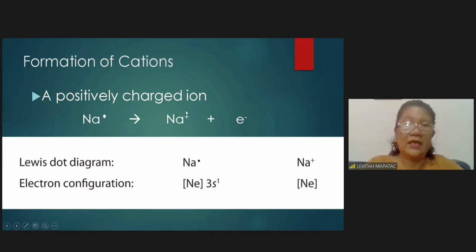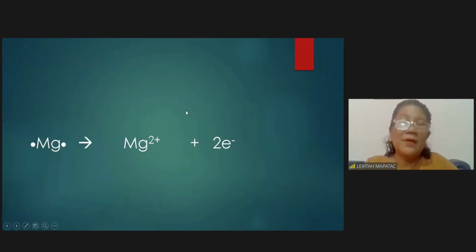For magnesium, it belongs to group 2. So what does it mean by that? Your magnesium has an atomic number of 12. Therefore, that is 1s2, 2s2, 2p6, 3s2.